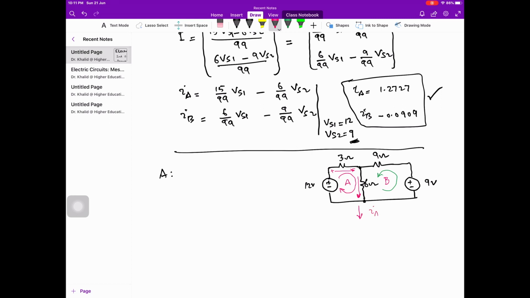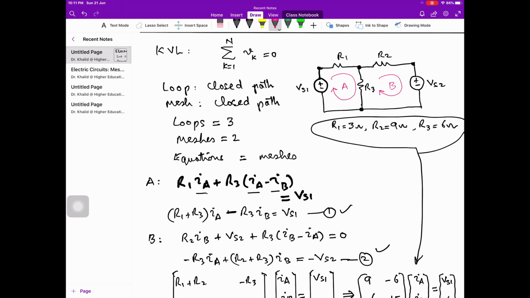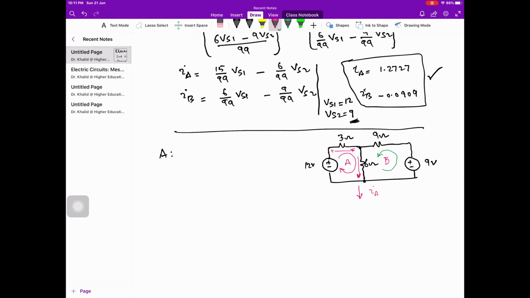Previously in this circuit the net downward current was IA minus IB. But here IA is flowing downward and IB is also flowing downward. So the net downward current is IA plus IB. This is the difference. Instead of IA minus IB, it is IA plus IB because we have chosen the opposite direction of mesh B current.